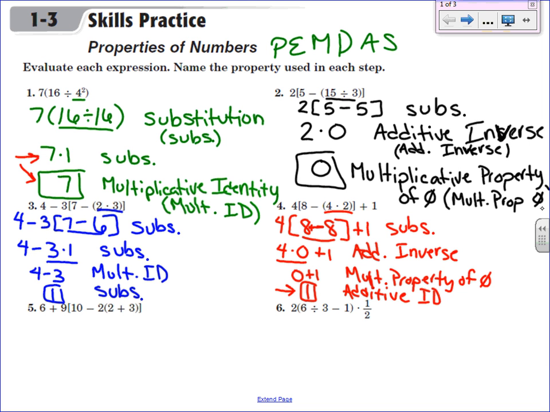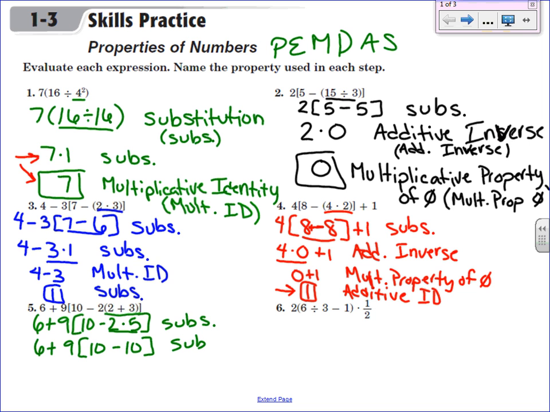All right, number 5. We do the round parentheses inside first. 2 plus 3 is 5. That'll be a substitution. And then 2 times 5 inside there comes next. That's another substitution. Finishing off the square brackets, we have 10 minus 10, which is 0.